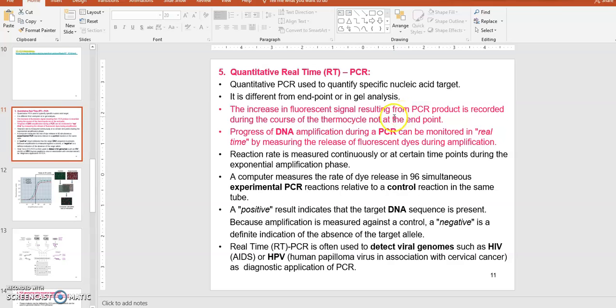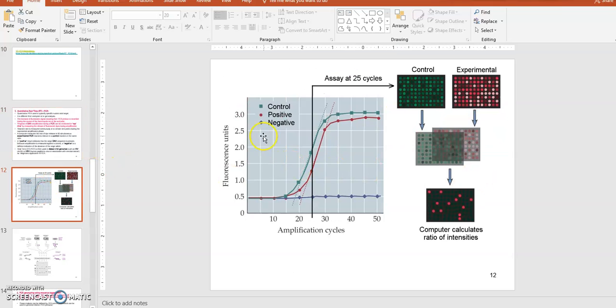Okay, so here is how it works. During your PCR cycle, which is happening within all these wells on a 96-well plate, the PCR is done in each well. In each PCR you are adding some fluorescent tag. By measuring the amount of fluorescence incorporated into your PCR product, you can see how much of the fluorescent tag is being added to your PCR product.